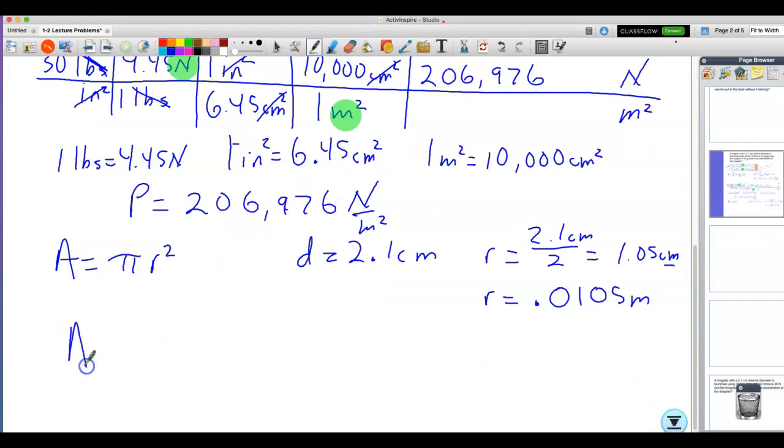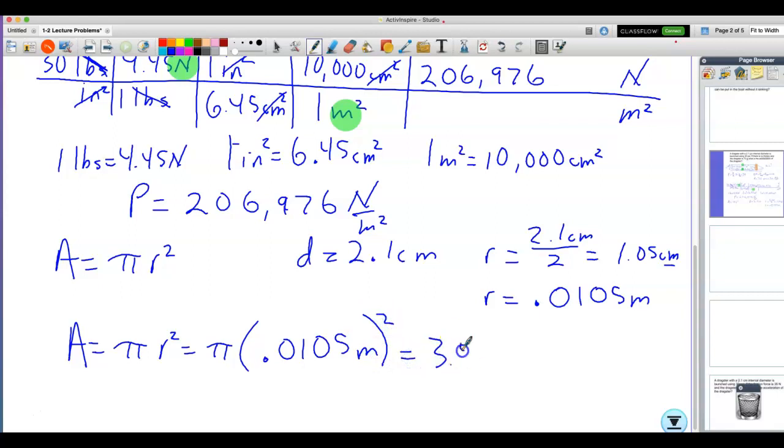So now we can calculate our area, can't we? The area equals pi r squared, which is pi times 0.0105 meters squared, right? And when we do that, that says 3.4636059 times 10 to the negative 4th meter squared.